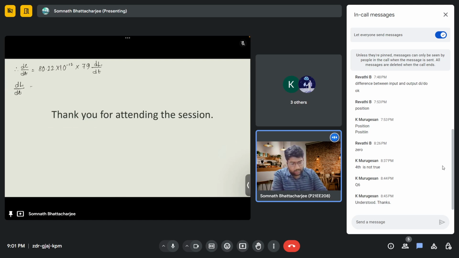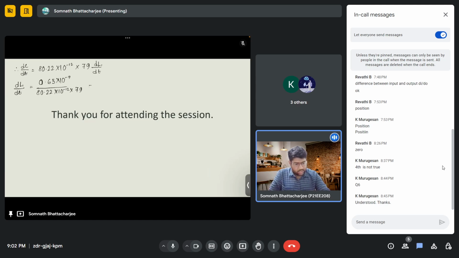So how much is it? It is 0.65 into 10 to the power minus 9. That is the value of dc by dt, as we already know from the question itself. And this will be 80.22 into 10 to the minus 12 into 79. So let me calculate this. 80.22 divided by 10 to the minus 12 divided by 79.